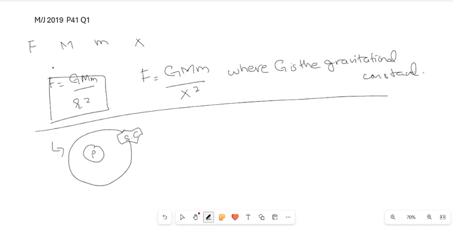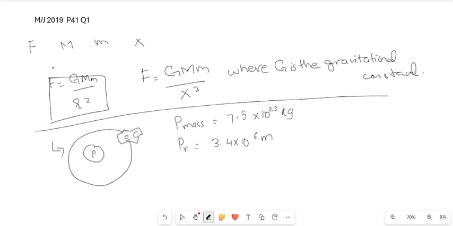Now the mass of the planet is 7.5 into 10 raised to the power 23 kg. The radius of the planet is 3.4 into 10 raised to the power 6 meter.